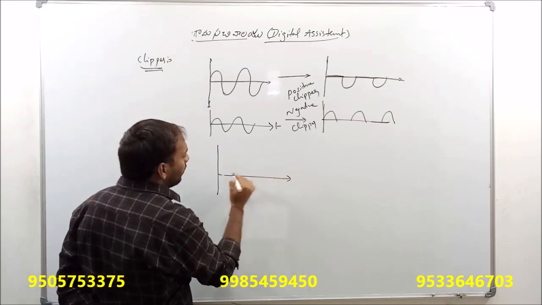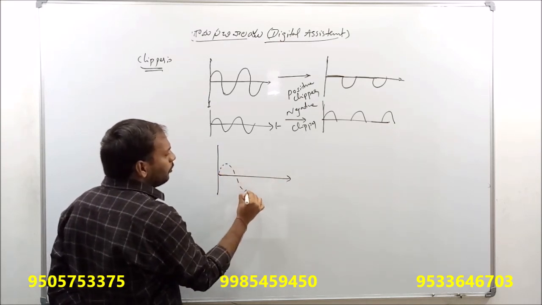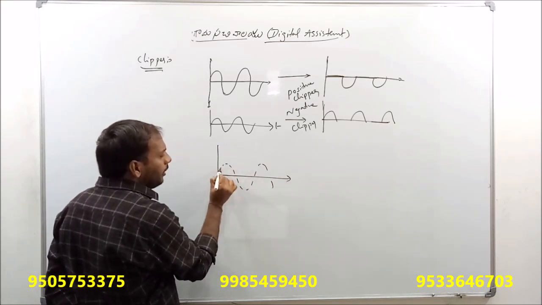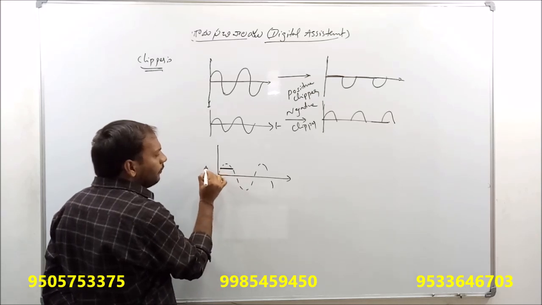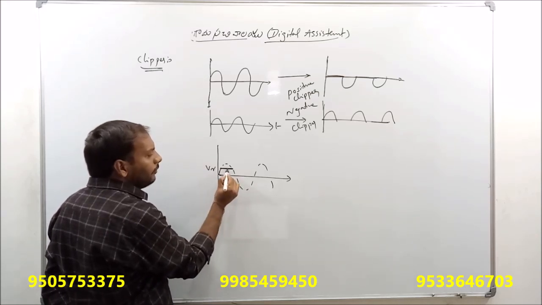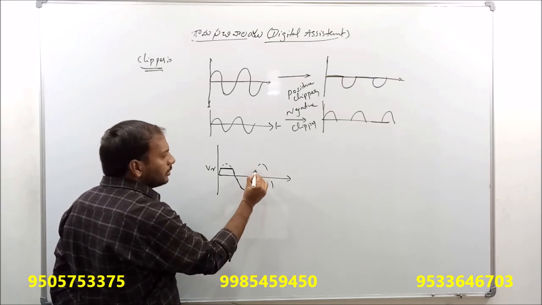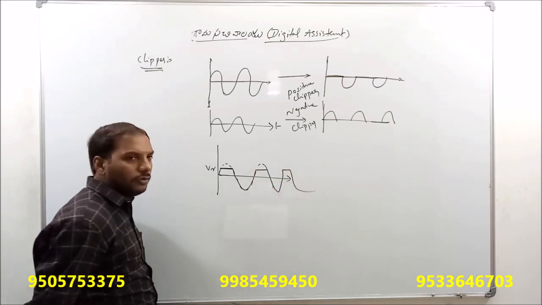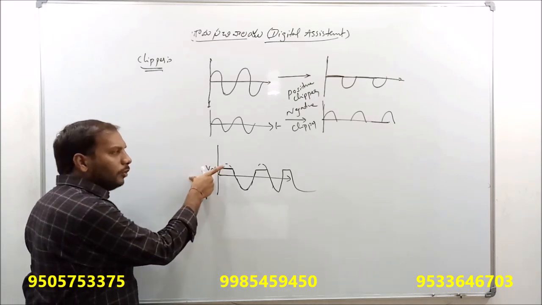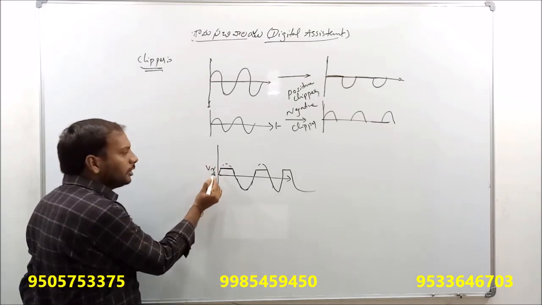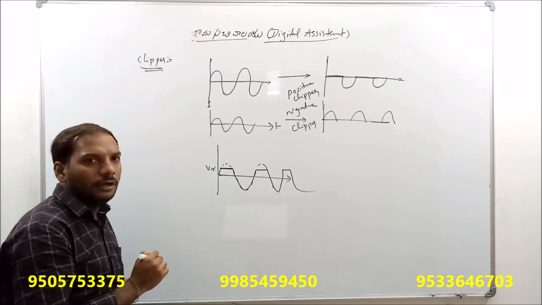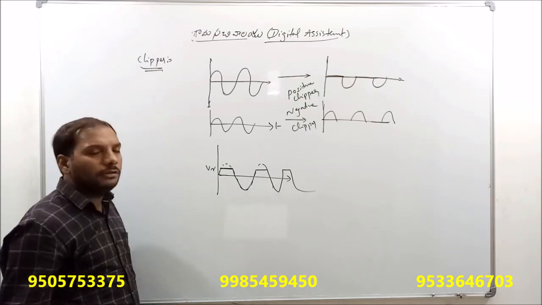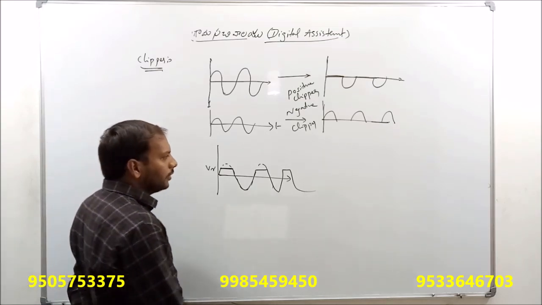Okay, the reference voltage may be, this is the input waveform. If I try to keep the positive clipper with some reference voltage VR, so we'll get the waveform something like this and so on. Okay, this is clipping only some positive portion with respect to some reference voltage VR. So this is a positive clipper with some positive reference.